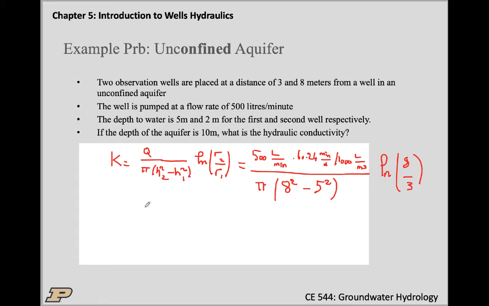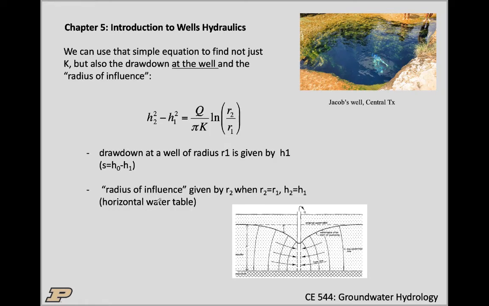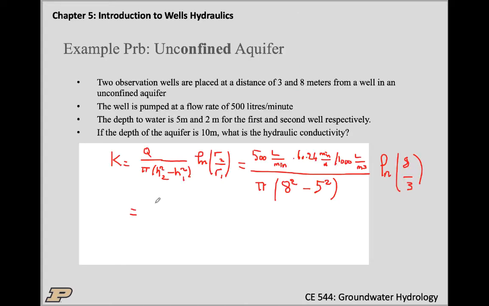And this is it. And now we plug all that in a calculator or MATLAB in my case, and I find 5.8 meters per day. Again, compare that for the unconfined aquifer to what we found for the confined case, which was 3.7, I believe.